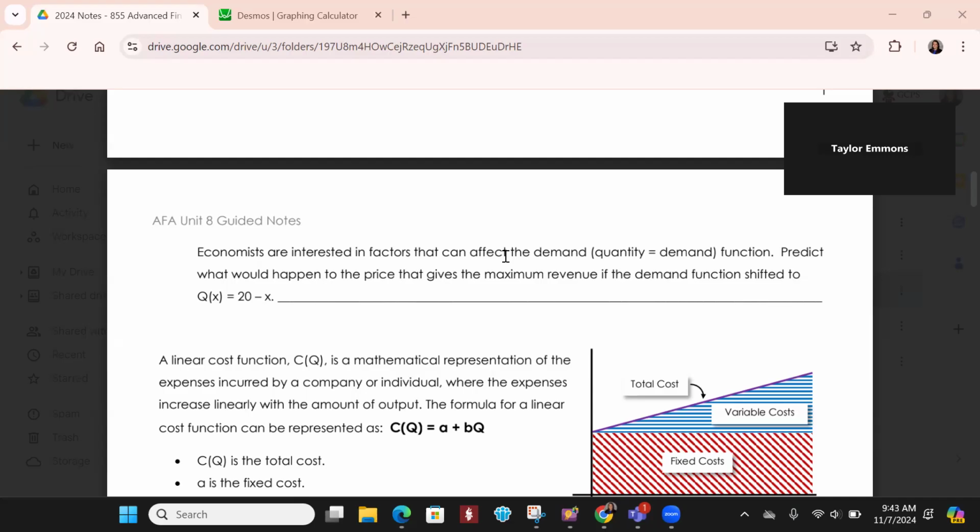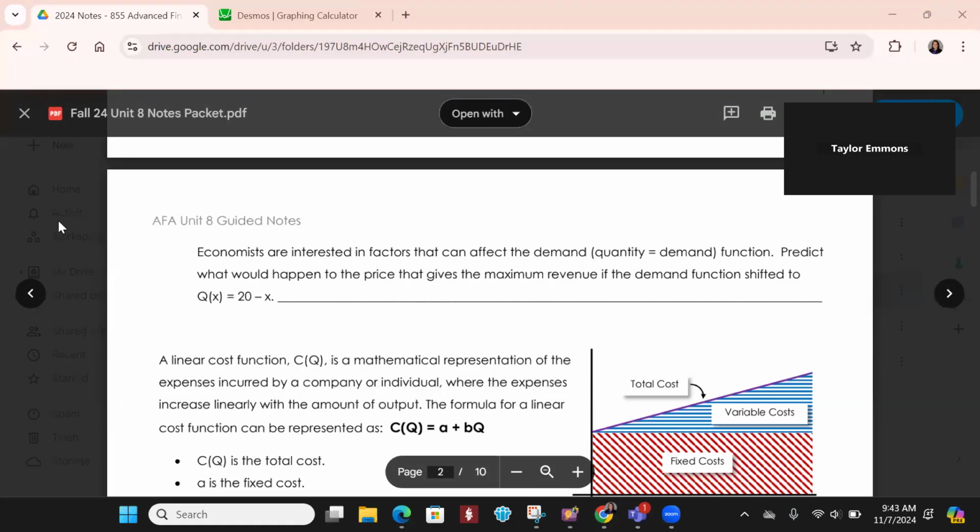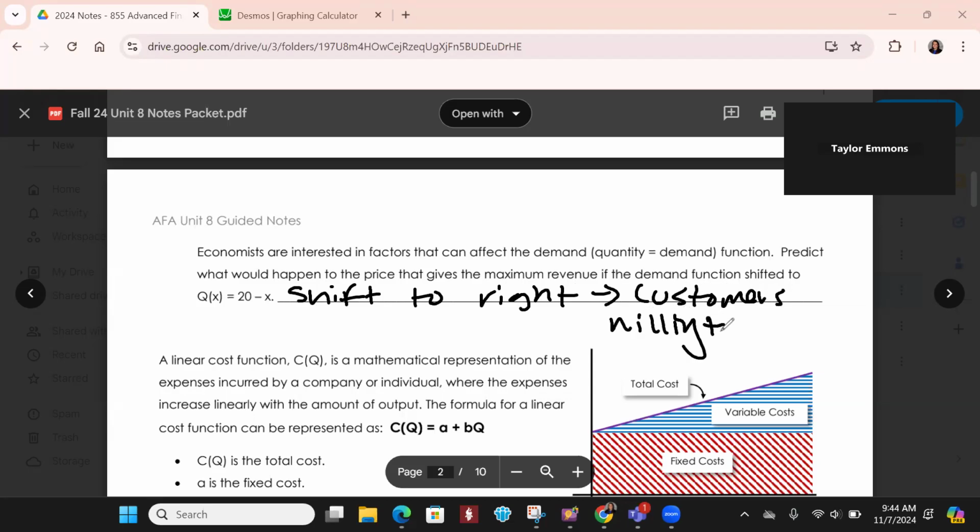All right, so the quantity function shifted to 20 minus x instead of 18 minus x. Yes? So it shifted to the right, which means that customers are going to be willing to pay more.